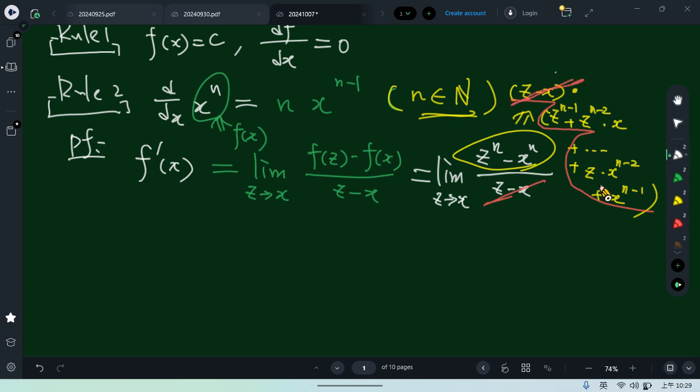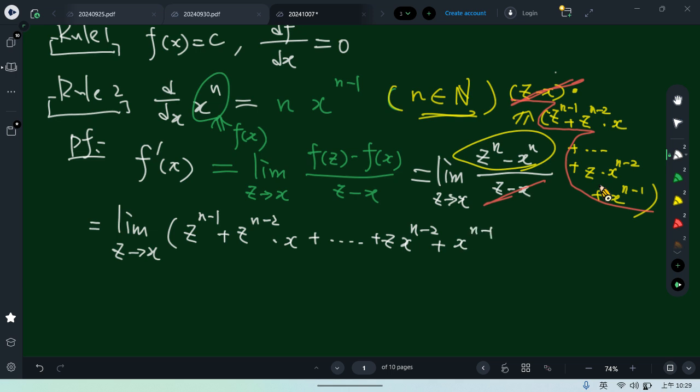Finally, the result will be the limit as z approaches x of z to the power of n minus 1, plus z to the power of n minus 2 times x, and so on, plus z times x to the power of n minus 2, plus x to the power of n minus 1.